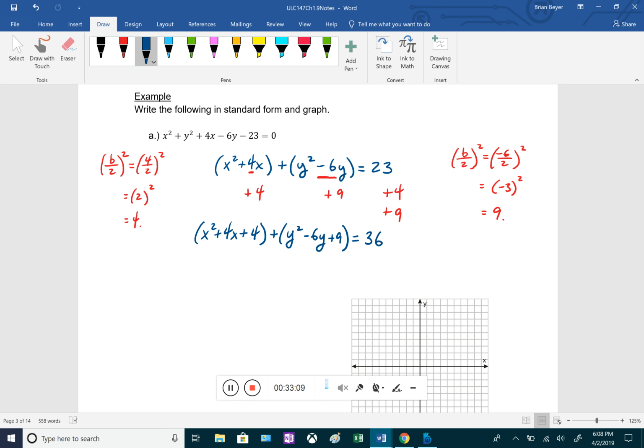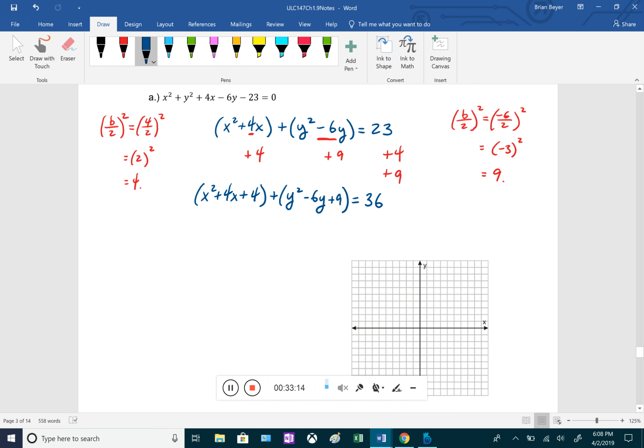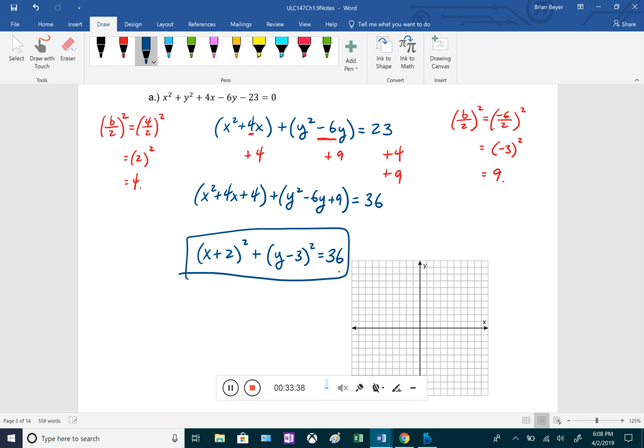So now we have to rewrite those trinomials both as binomials squared. X squared plus 4x plus 4 just equals x plus 2 squared, plus y squared minus 6y plus 9, that is y minus 3 squared, and that equals 36. So that is actually the equation in standard form for our circle.